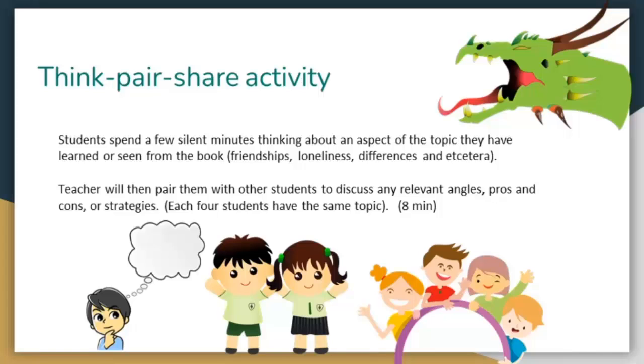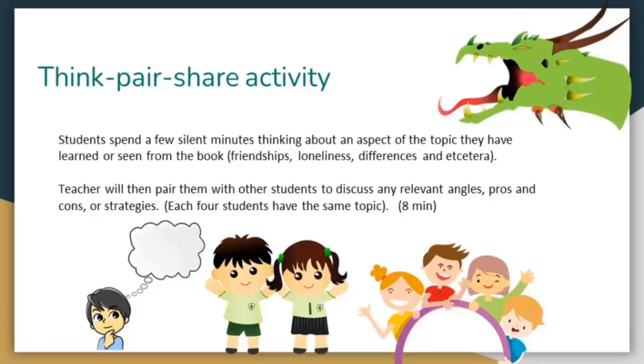Yes, so as Jared mentioned, this is the last 45 minutes of this class's lesson plan. For this activity, we have the Think, Pair, Share activity, where students spend a few silent minutes thinking about an aspect or topic which they have learned or seen from the book, whether it be friendships, loneliness, differences, etc. The teacher will then pair them with other students to discuss relevant angles, some pros and cons or strategies to face these challenges, where each 4 students have the same topic.